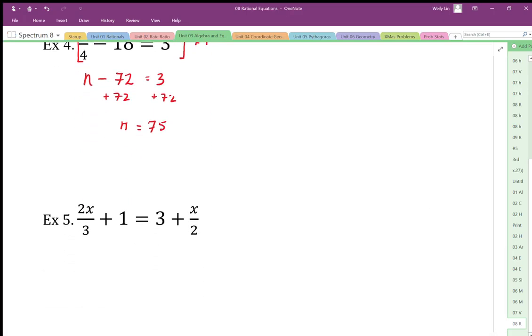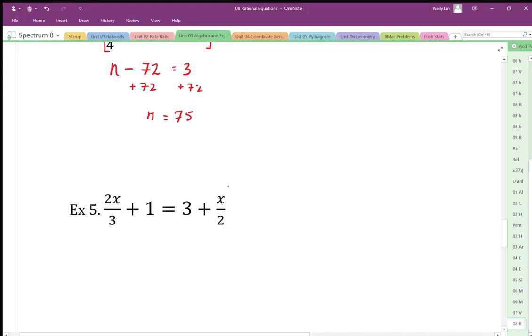So here I have a divide by 3 and a divide by 2. Well, I think I'm just going to get rid of those divides by multiplying by 2 and multiplying by 3. Okay, so really I'm just multiplying by the lowest common denominator, which is 6. So the times 3 divide 3 cancel, so I'm left with 2x times 2.